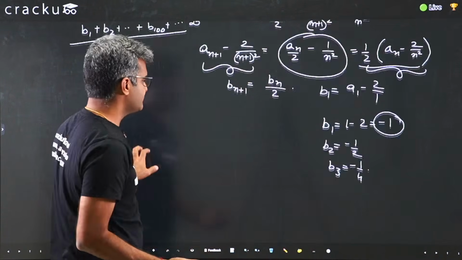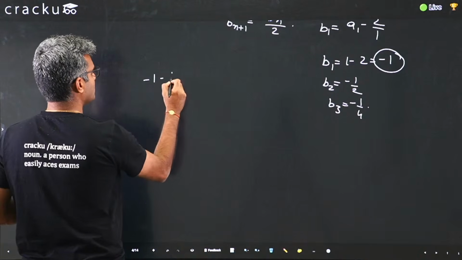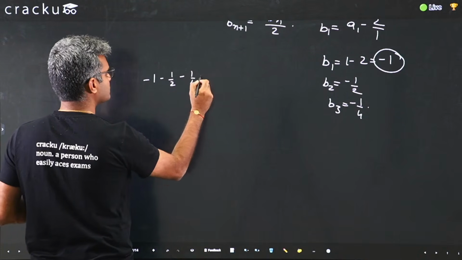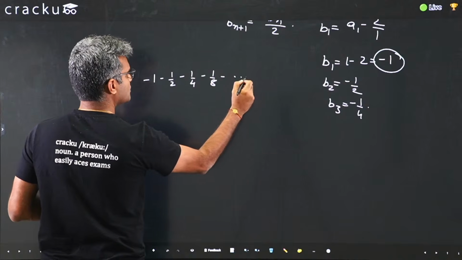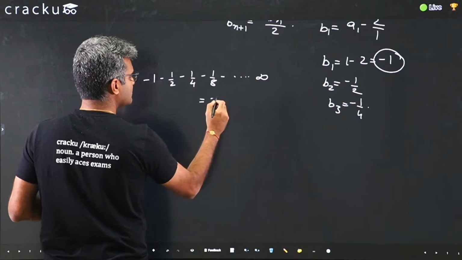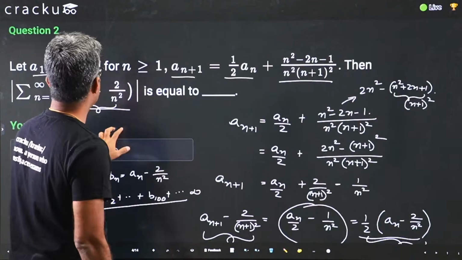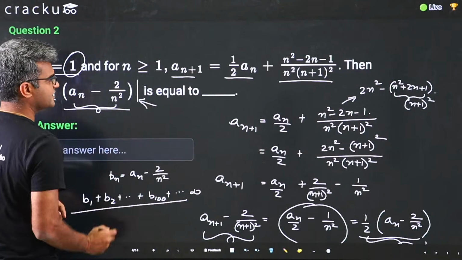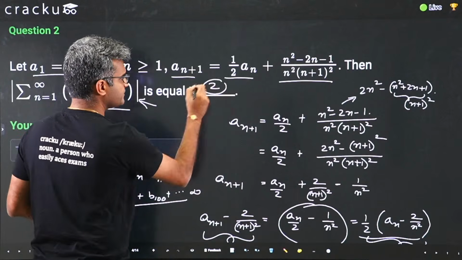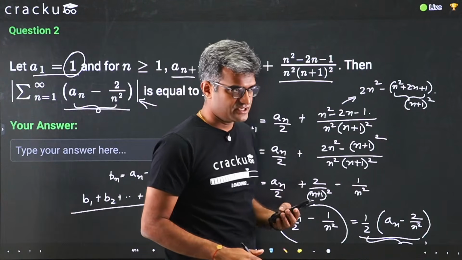And the sum of all of them will be −1, −1/2, −1/4, −1/8, ... till infinity. This will equal −2. So the absolute value of this expression, which is what we are required to calculate, is equal to 2. That will be the answer for this question.